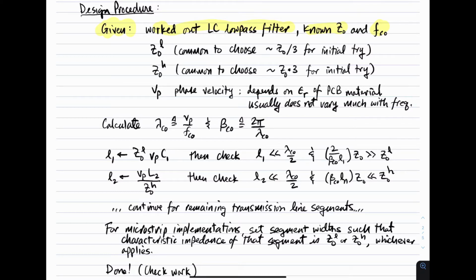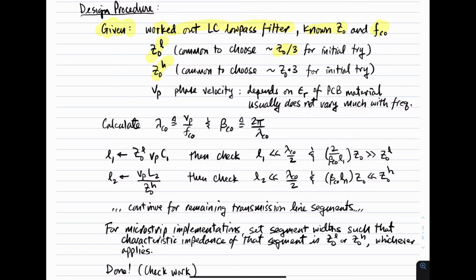The 2 other things you'll need, of course, are Z0L and Z0H. I just told you that there's no specific way to choose these things. There's only considerations to keep in mind here. And if you have no other basis to choose, I would suggest making Z0L something like 1/3 of Z0 for the initial try. So for example, if the input-output impedances are 50 ohms, maybe make this 50 divided by 3.